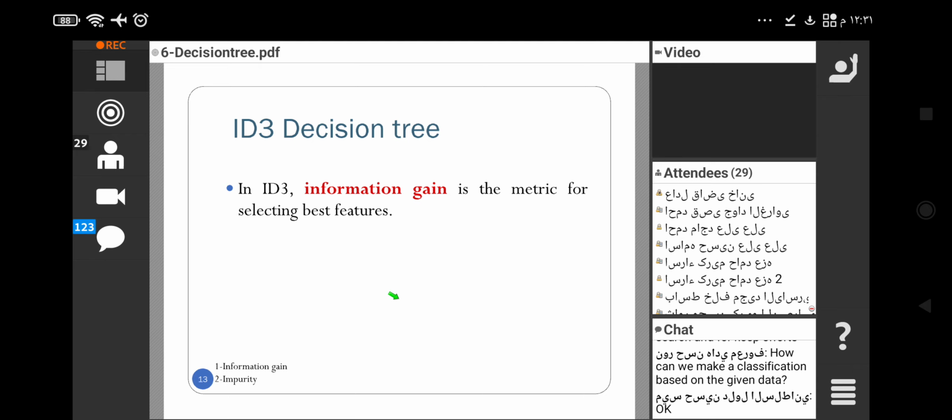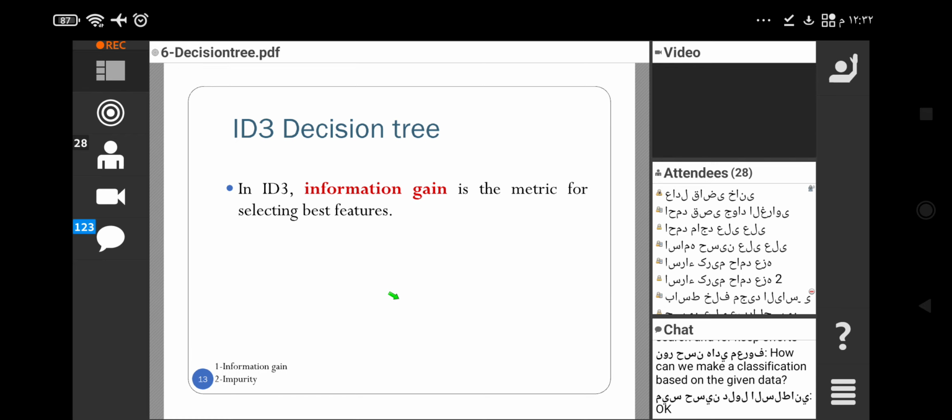So in ID3 we select the best features using something called information gain.